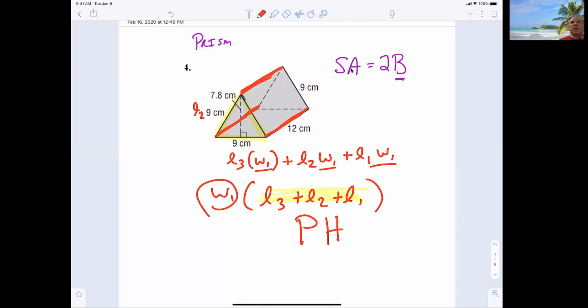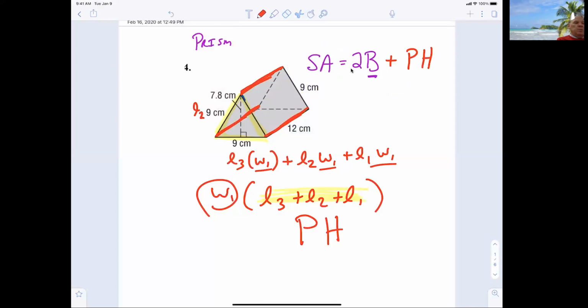So the surface area of any prism can be written as 2 times the area of the base plus the perimeter times the height. Now, personally, as soon as my geometry teacher showed me that, man, that was just easy, simple for me. And I, to this day, don't understand why anyone has any problem with surface area.